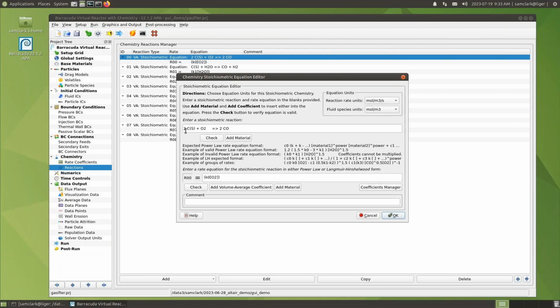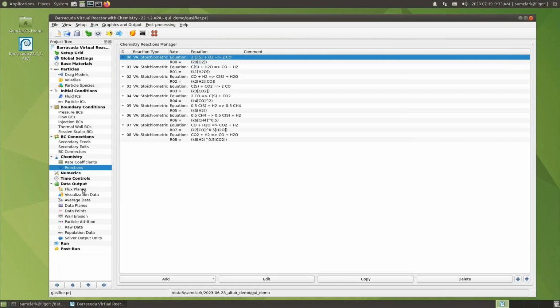So you would define, okay, I have 2 moles of carbon plus 1 mole of oxygen going to 2 moles of CO. That's happening at this rate. This is my rate coefficient K0 times the concentration of O2.